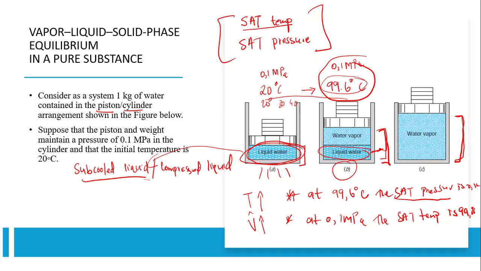So subcooled liquid simply means that the temperature is lower than the saturation temperature for the given pressure. Don't forget, when you mention saturation temperature, you relate that to the pressure. That's how it works, okay? So subcooled liquid is for temperatures that are below 99.6 degrees Celsius.